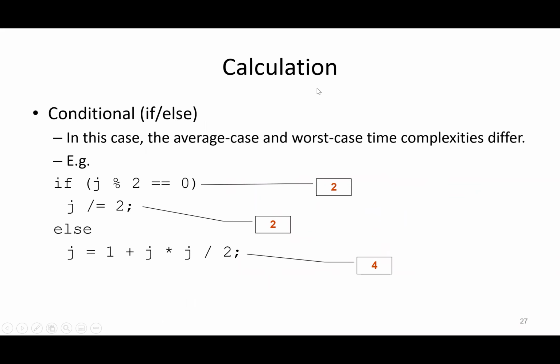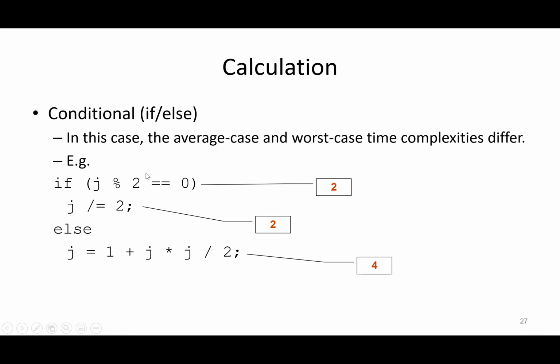Then for the conditional if else statement, how do we calculate it? If else means selection: if this is true, I execute this; if this is not true, then I execute this. You select which one you want to execute. Based on this, the condition in my if is j modulus 2 equal to 0.